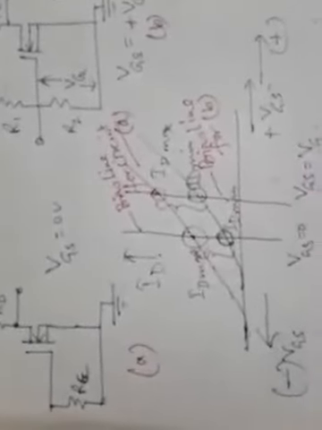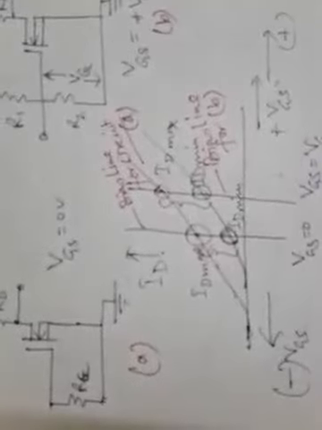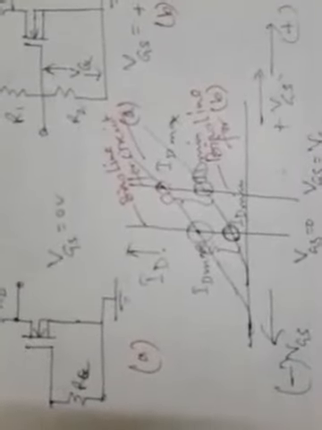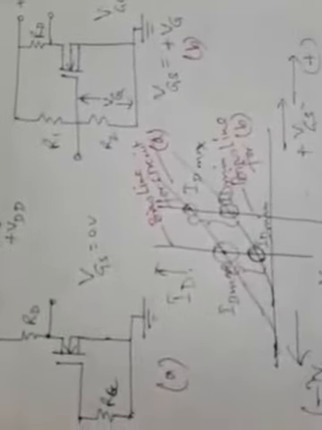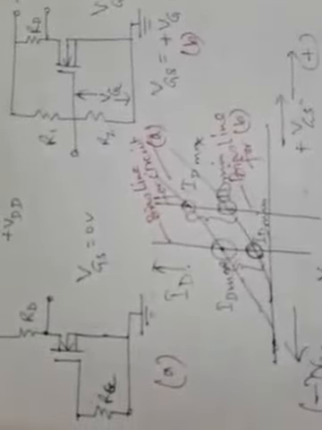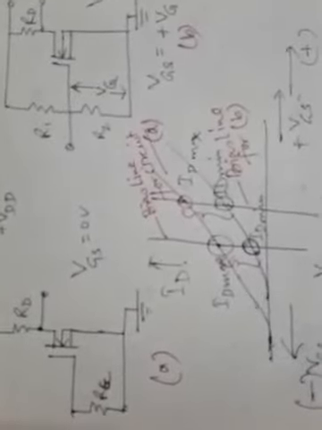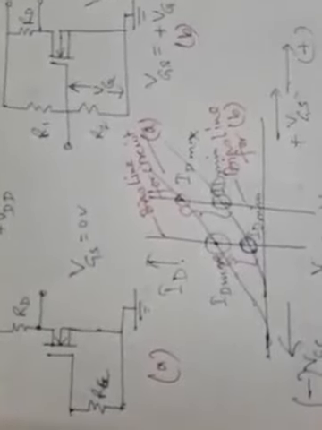So this is how we can explain, with the help of a depletion enhancement type n-channel MOSFET, how the biasing circuits may look, and accordingly we can use the fixed voltage bias circuits for biasing MOSFETs.